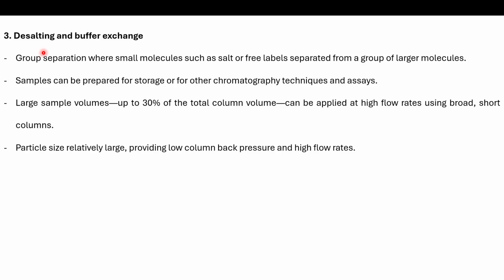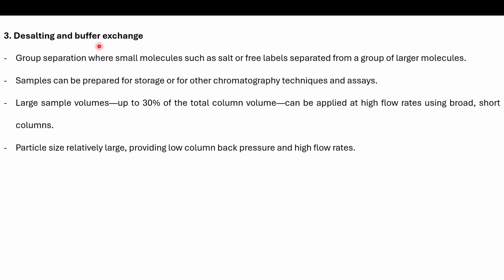However, the constituent salts of the buffer might not be suitable or optimum for the downstream assays that you might want to perform with your protein of interest, right? So those salts have to be removed eventually. That is called desalting, and desalting can also be done using SEC columns. There are columns for desalting specifically.